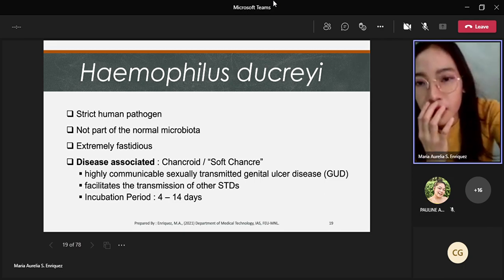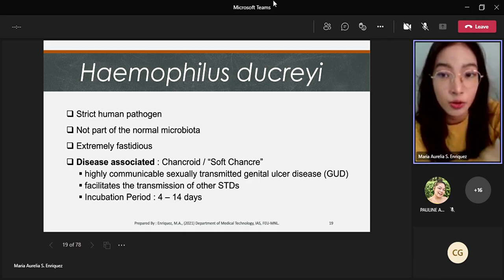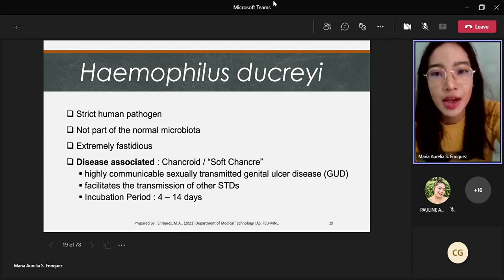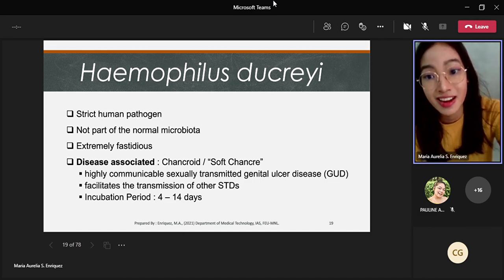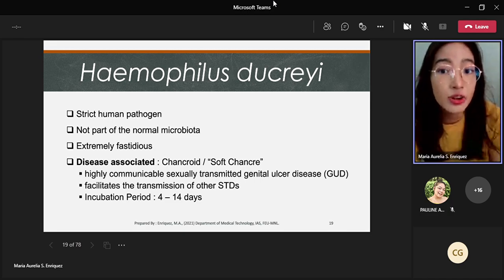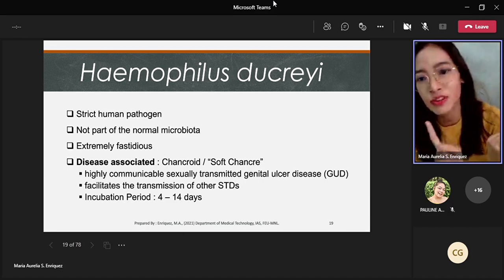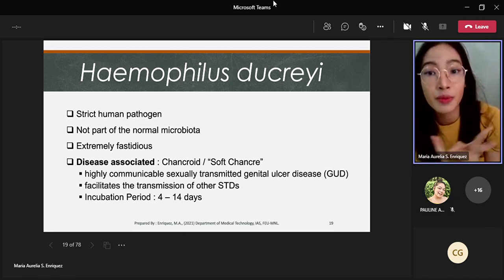Now, the disease that it causes is referred to as genital ulcer disease, or GUD. Now, because chancroid facilitates the transmission of other STDs, all patients who have GUD should also be tested for human immunodeficiency virus, syphilis, and the herpes virus.